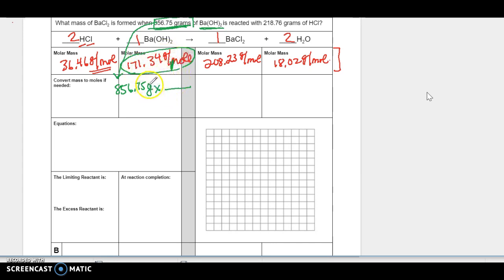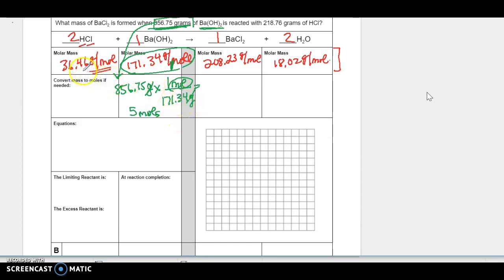If I have grams on the top, I need grams on the bottom so that it cancels, because it's 171 grams in 1 mole. That leaves me with moles, so that turns out to be 5 moles. I made these numbers really clean because we're going to do the graph.